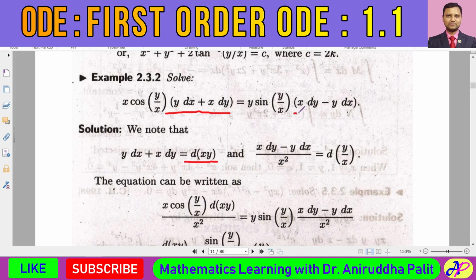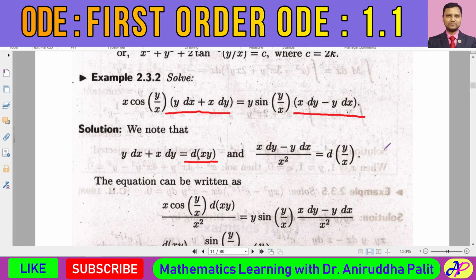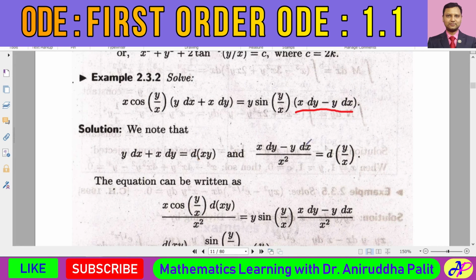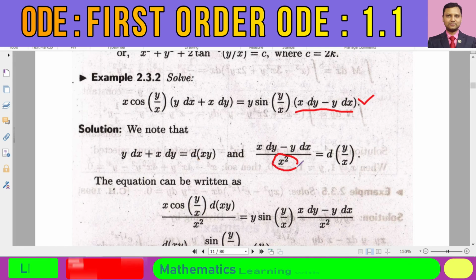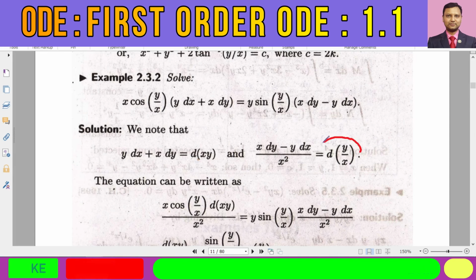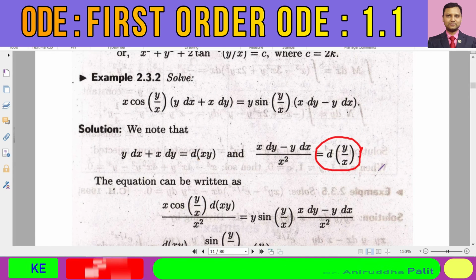Now you see this is the problematic part, x dy minus y dx. If we divide this expression by x square, then only we can express it, that means x dy minus y dx divided by x square, as a differential of y by x.